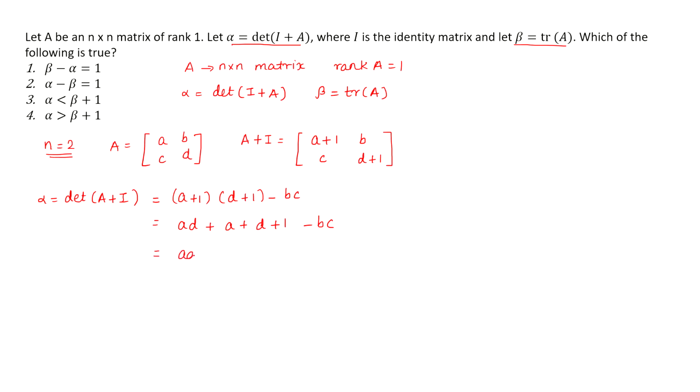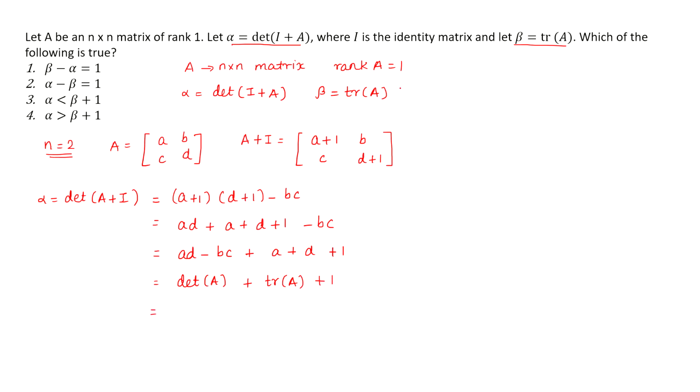That is equal to ad minus bc plus a plus d plus 1. Now ad minus bc is clearly the determinant of matrix A. a plus d is the trace of matrix A. Trace is the sum of the diagonal entries. So trace of A, and this is 1.